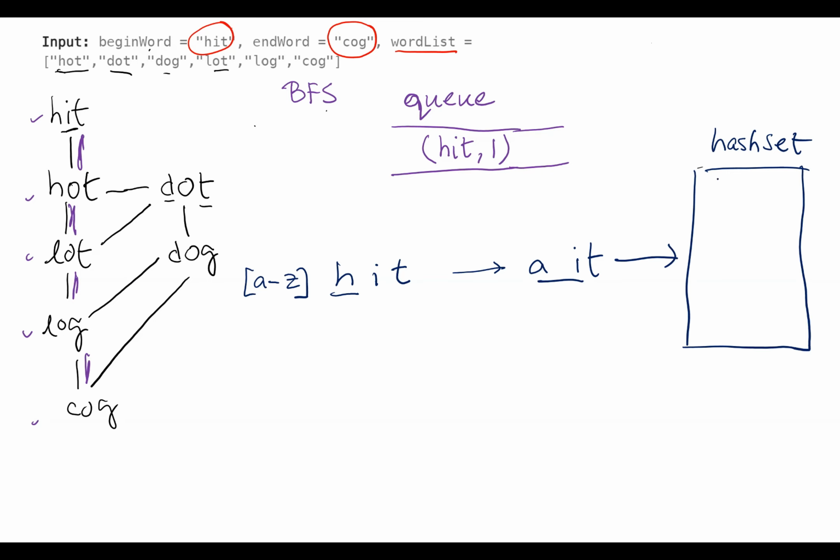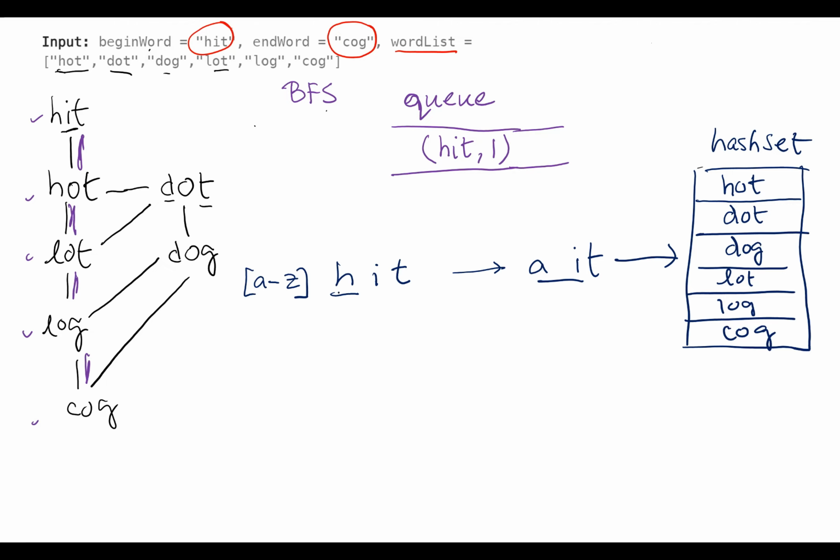So in the hash set, what we want to do is put everything, say hot, dot, every valid word: dog, lot, log, and then cog, right? We put everything there.